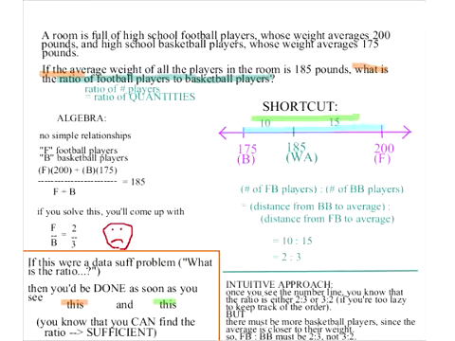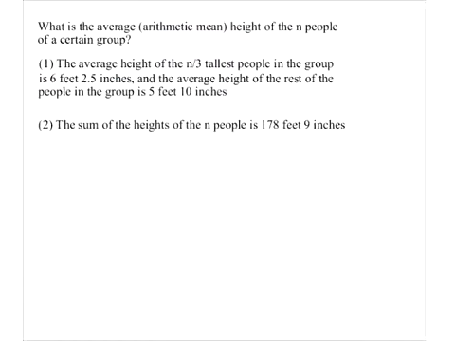This is beautiful because what I've seen is most of these actually show up on data sufficiency, so there's a higher chance than not that you'll be able to finish the problem nice and quickly and then chill and smoke an imaginary cigar while everyone else is scrambling to do the algebra. So here's a problem. Try your hand at this.